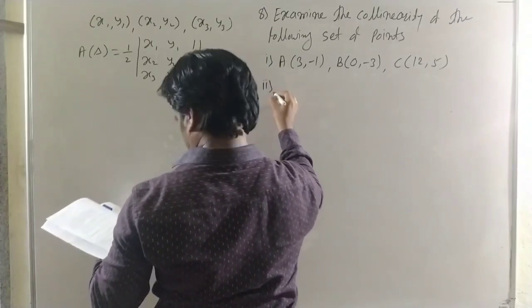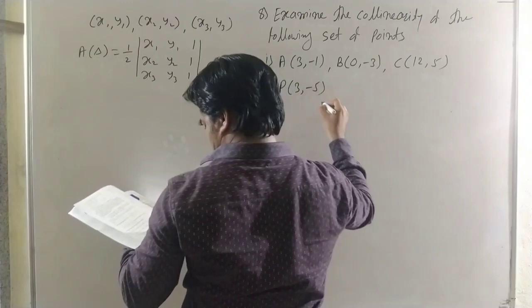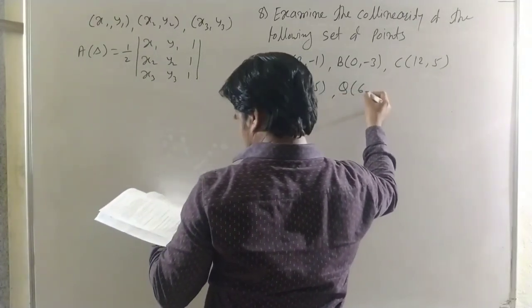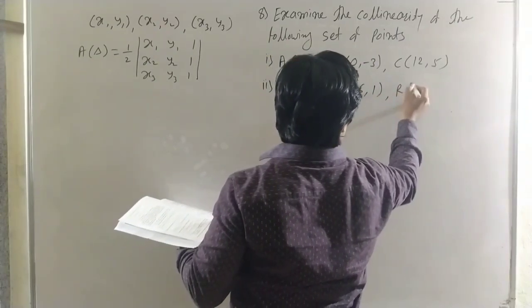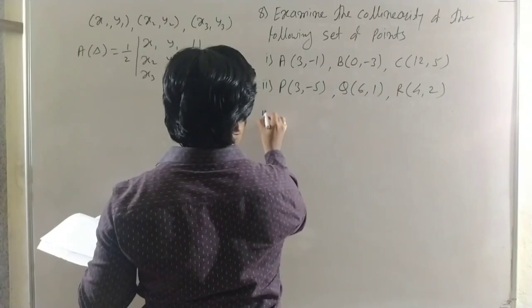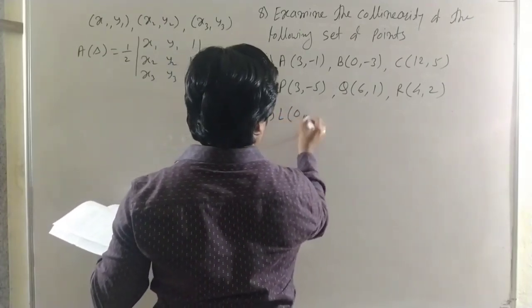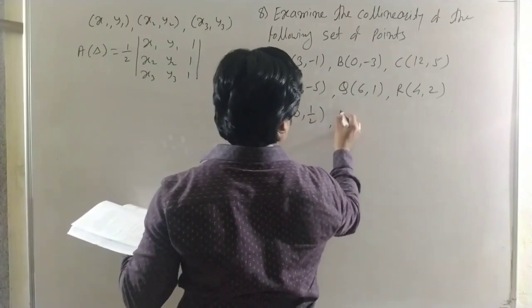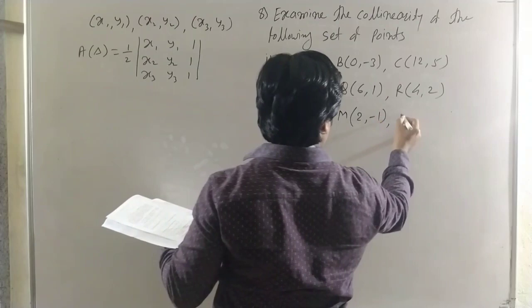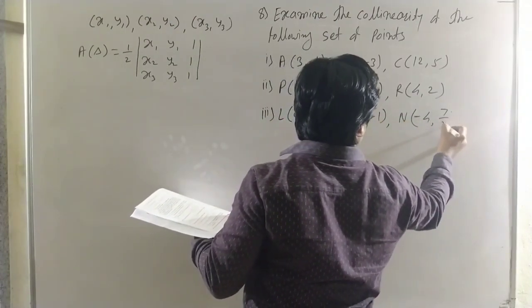Number 2: P (3, -5), Q (6, 1), and R (4, 2). And the last: L (0, 1/2), M (2, -1), and N (-4, 7/2).